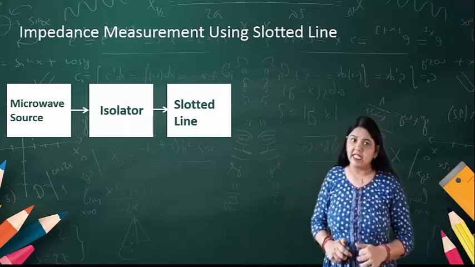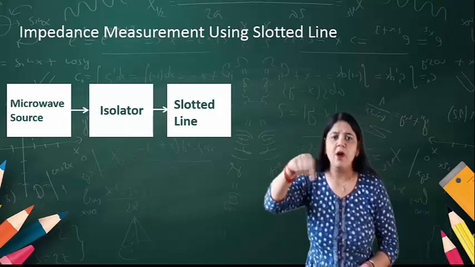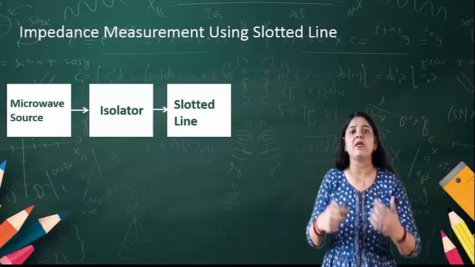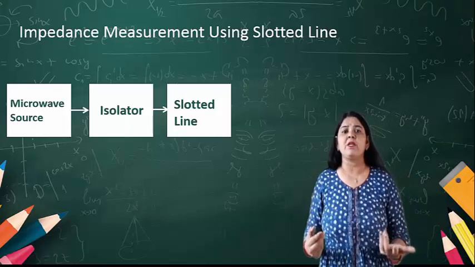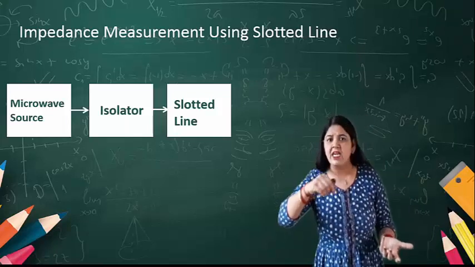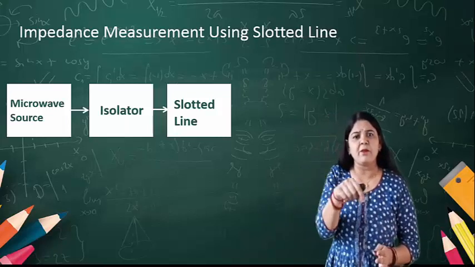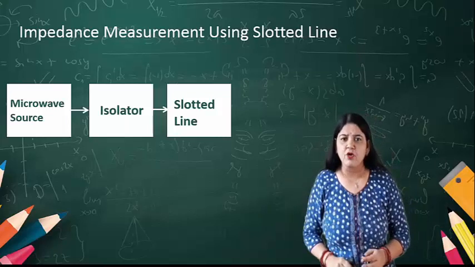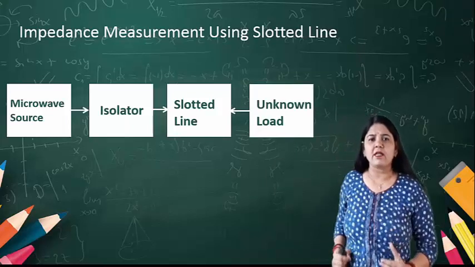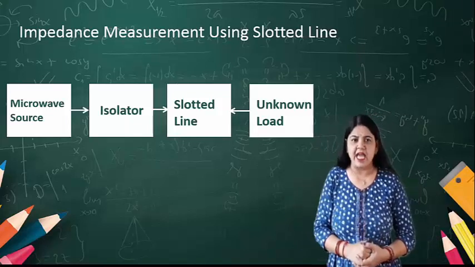By using the probe, you can measure the signal at a particular frequency, where the signal amplitude is high and where it is less. So by using the tunable probe, we can measure the signal. Also the slotted line has the unknown load connected there.